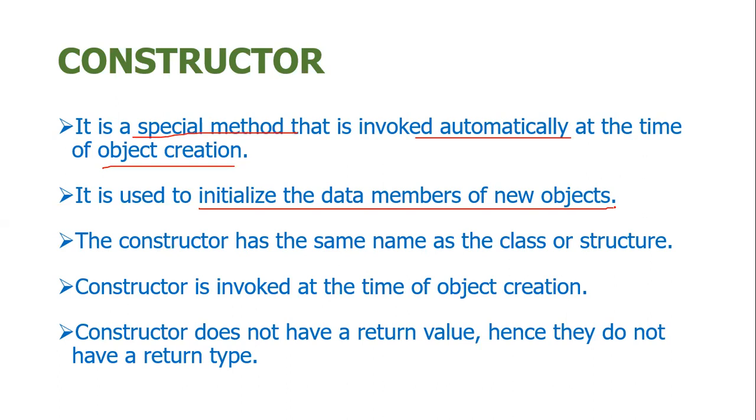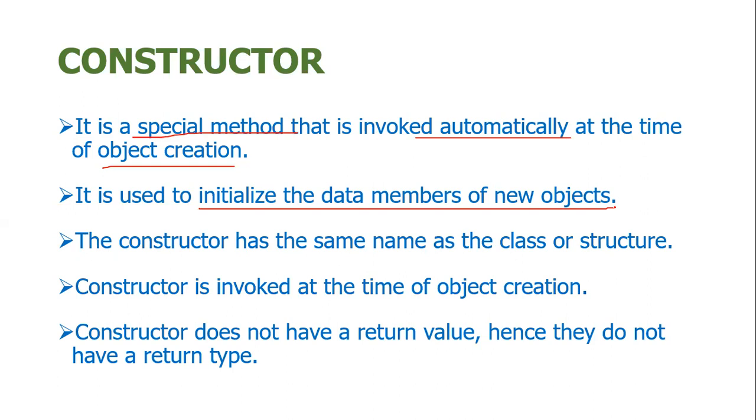How do we identify the constructor? The first two points answer what a constructor is, or define a constructor. If they ask anything, you should always remember that it is a special member function or special method that is invoked automatically at the time of object creation, and constructors are used to initialize the data members of new objects.